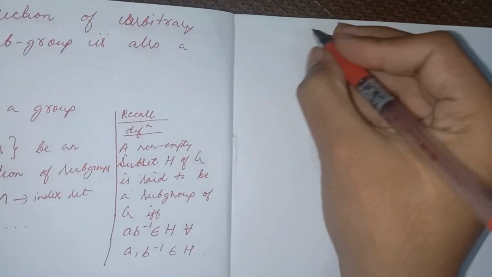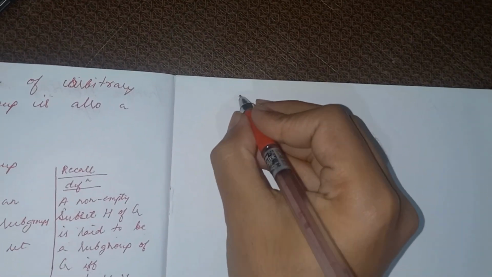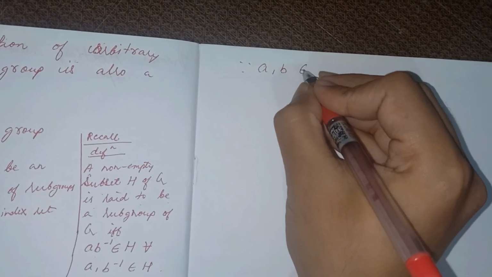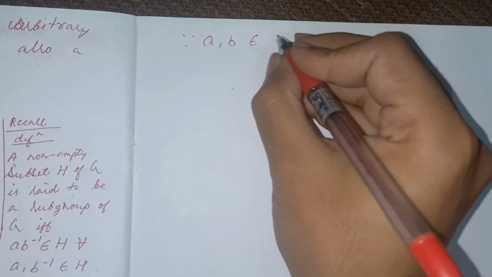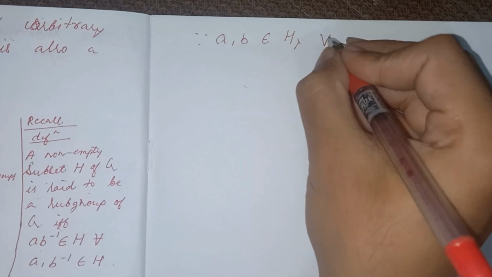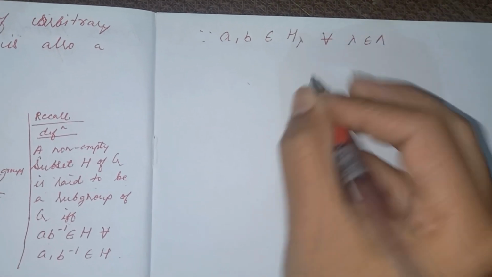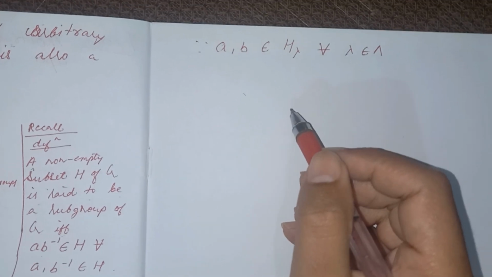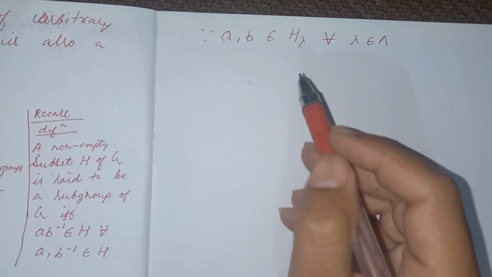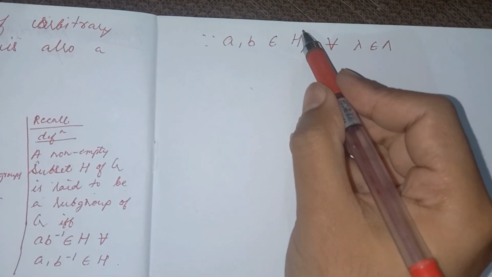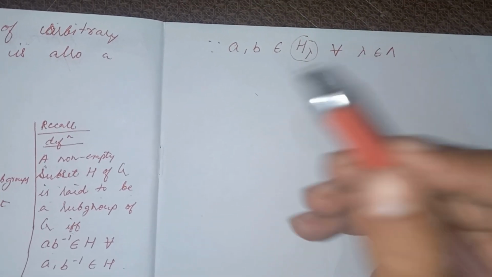So now, since A and B belong to H lambda for all lambdas belongs to the index set, and we know that each subgroup of the collection of subgroups is itself a subgroup.